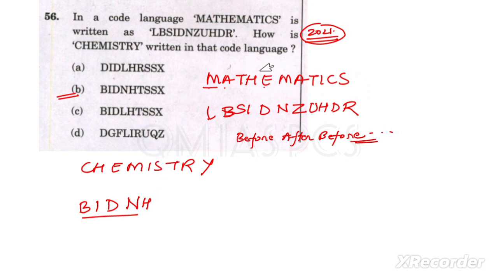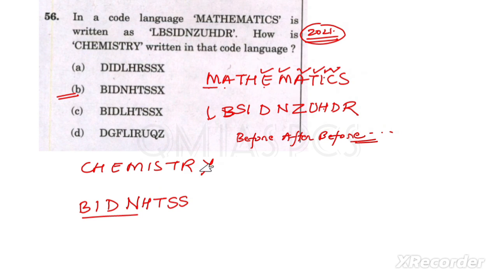Before A it is Z, so before T it is S. Then after T it is U, so after R it is S. After T it is I. Before I it is H, so before Y it is X. So this is your complete alphabet code.